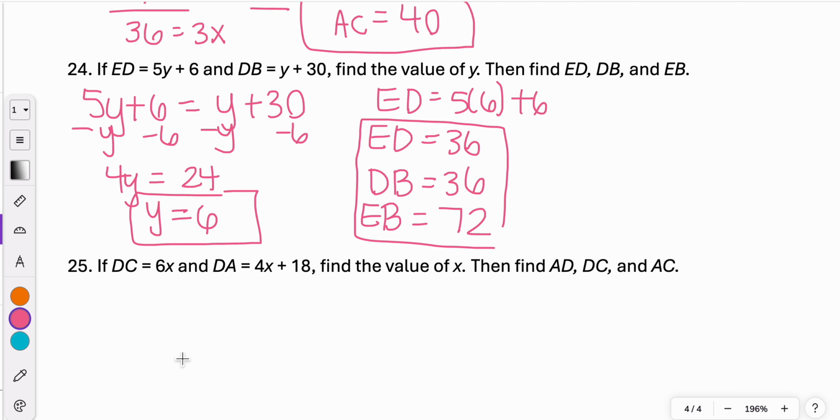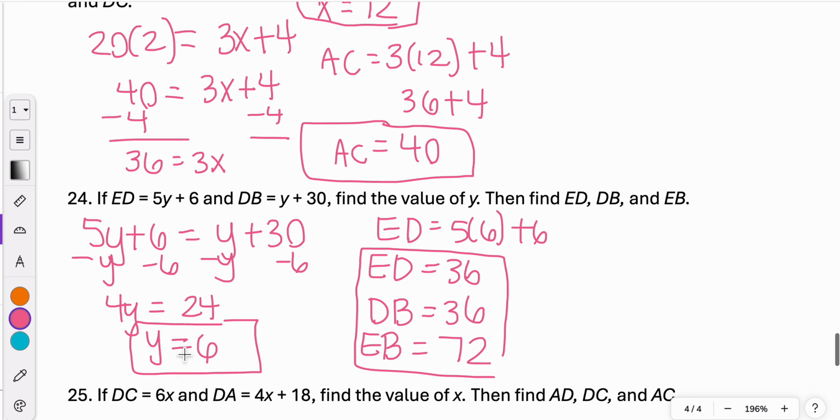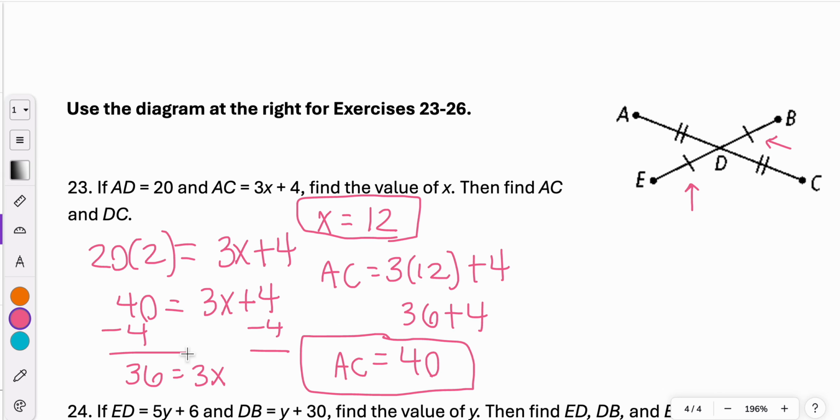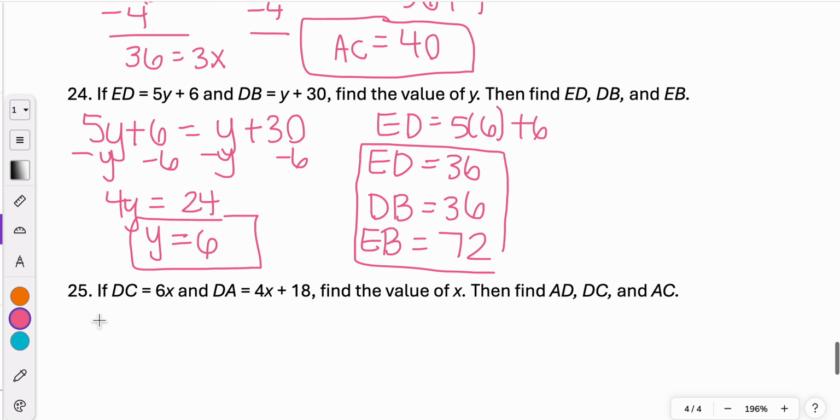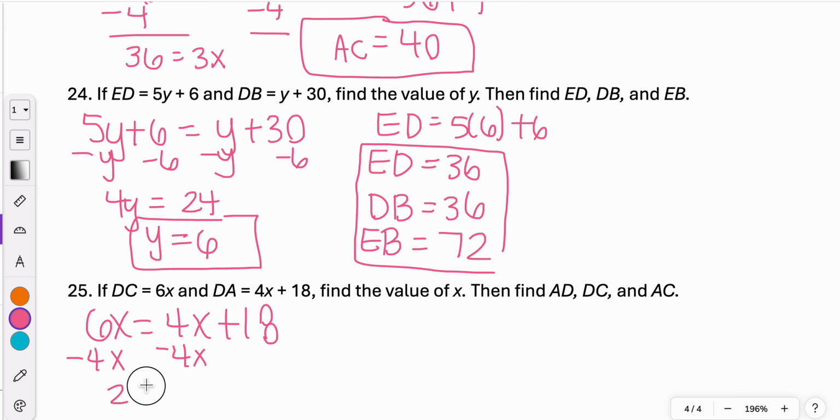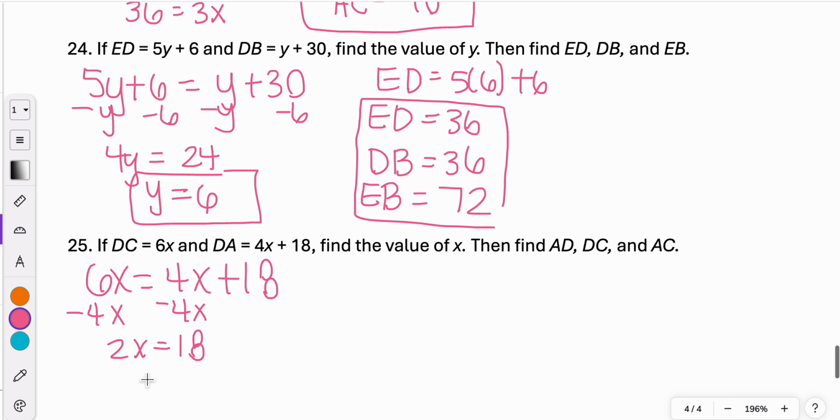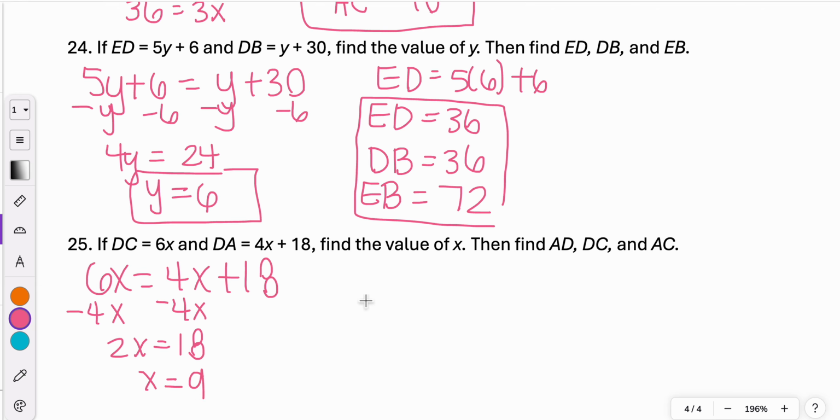25, if DC is equal to 6x and DA is equal to 4x plus 18, find the value of x. So DC and DA are equivalent or congruent, so 6x equals 4x plus 18. Moving my 4x over, I'm going to get 2x equals 18, so that means x is equal to 9, step 1. Then I need to find AD, which is DA, so 4 times 9 plus 18.